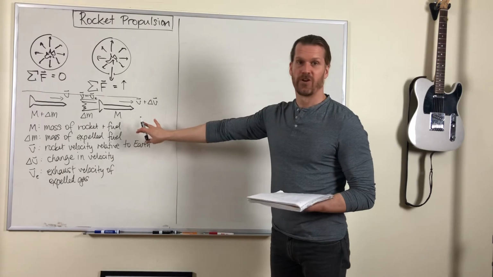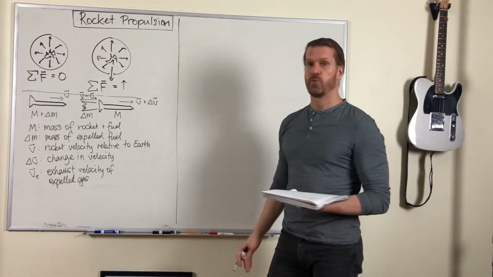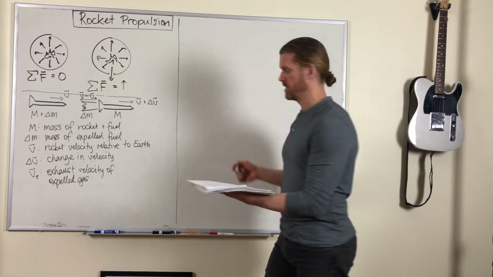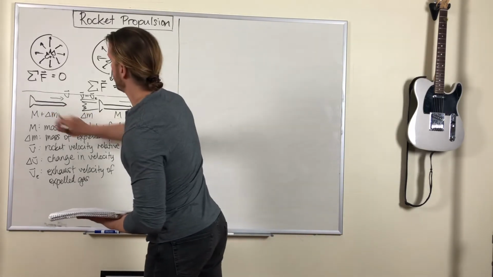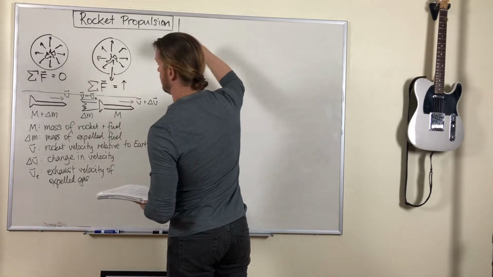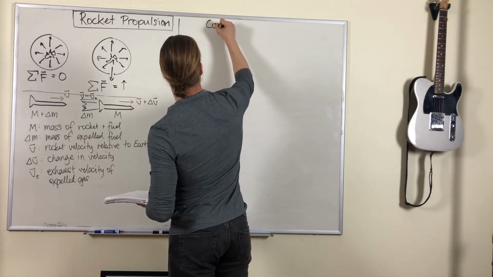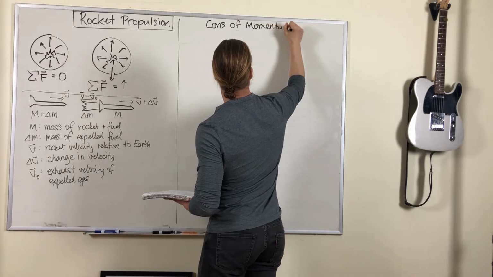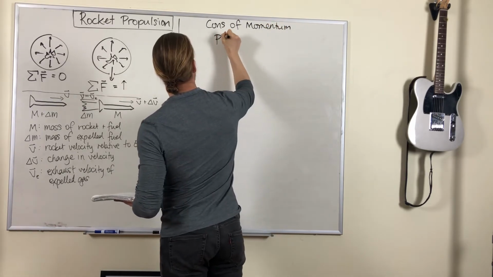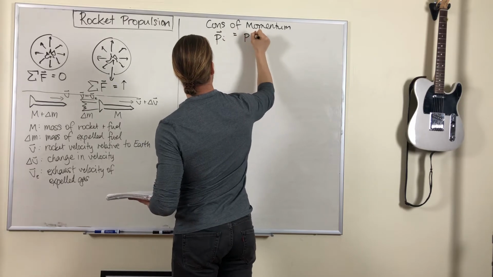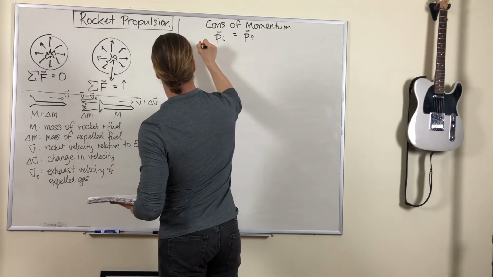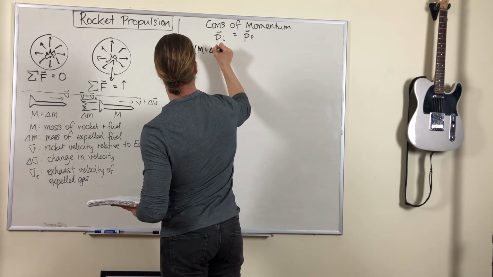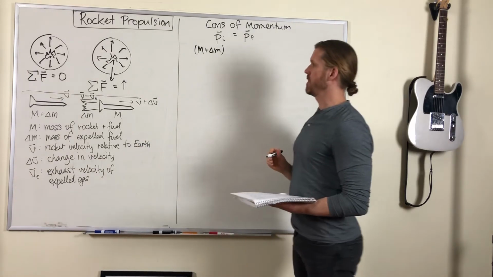Okay, now that we've got all of our symbols defined, we can do conservation of momentum analysis. So here's our initial configuration. We have the initial mass is m plus delta m.